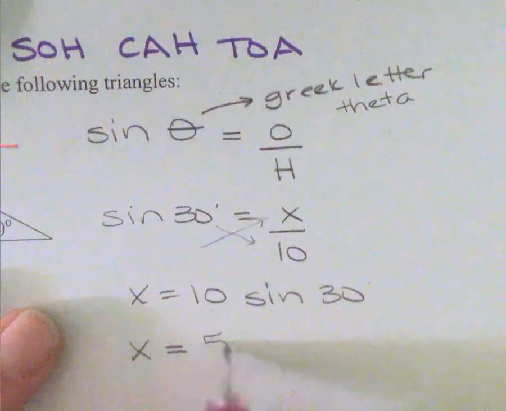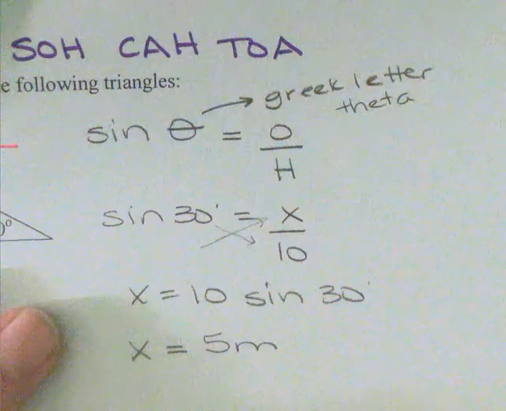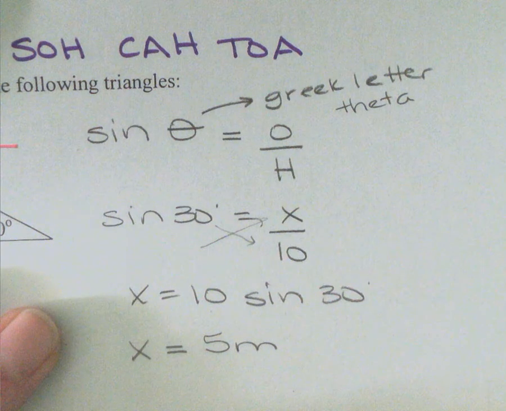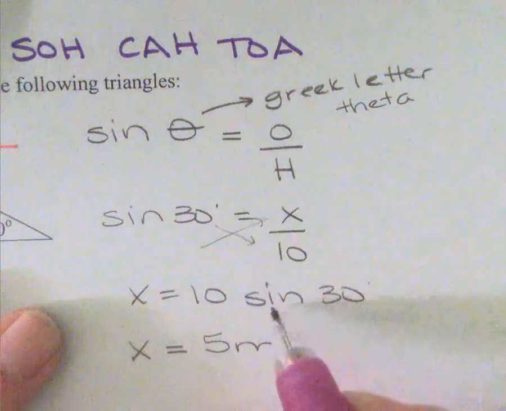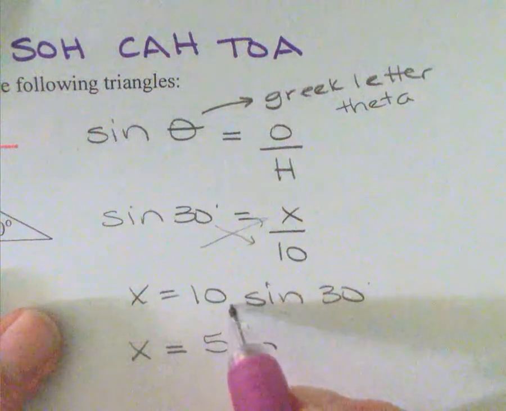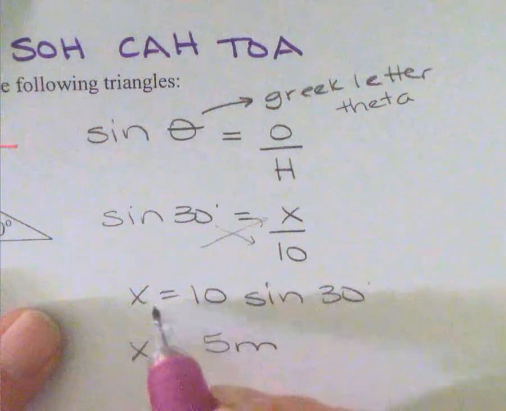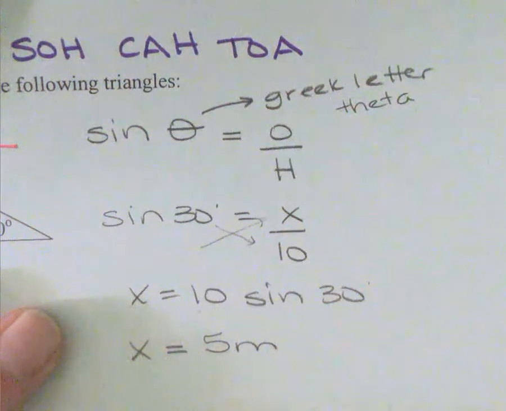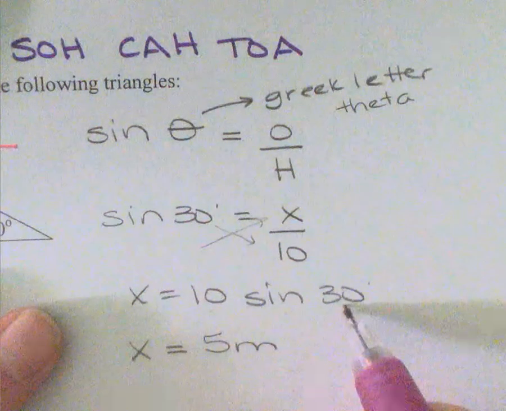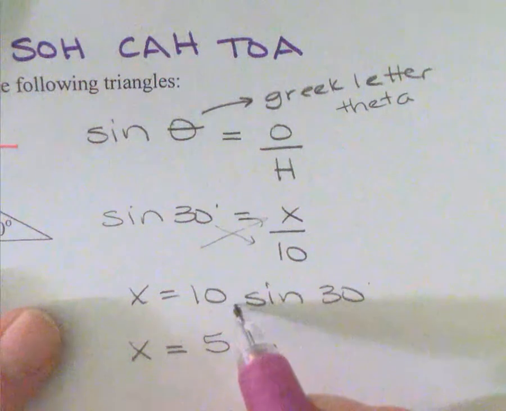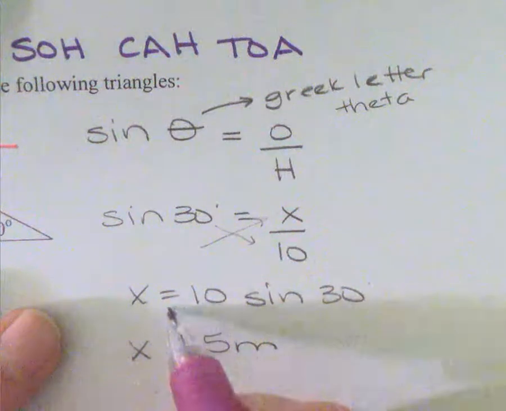So I'm going to say 5 meters. If you have a different type of calculator, you're going to have to do 30 sine times 10 equals. And you're going to have to work backwards.